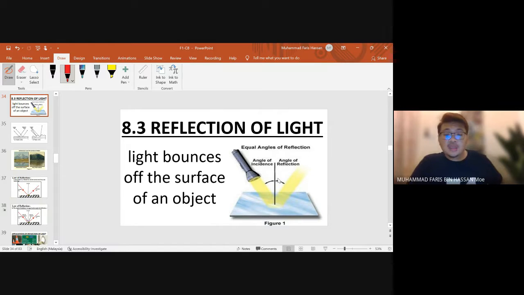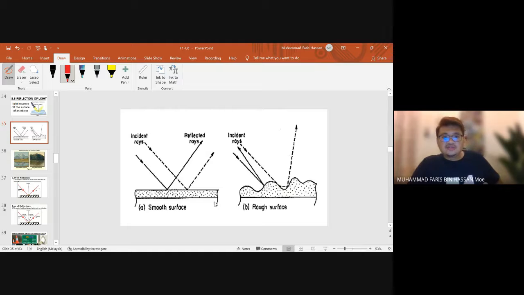Okay, as you can see here, light bounces off the surface of an object. When the incident rays go to a smooth surface, they will reflect like this one.